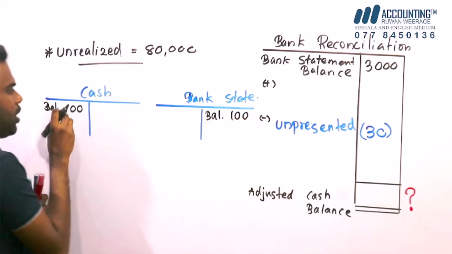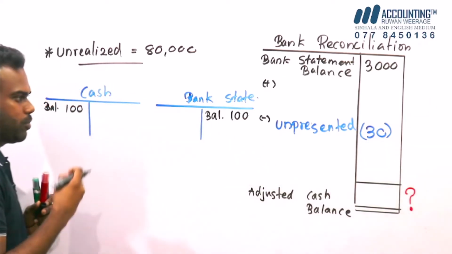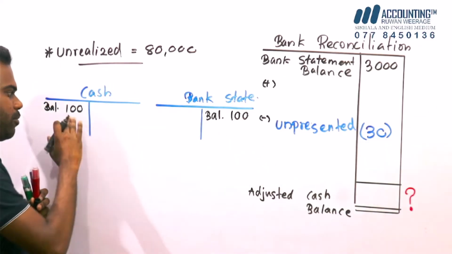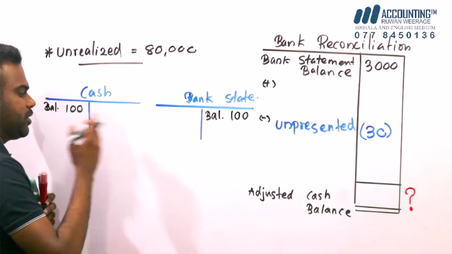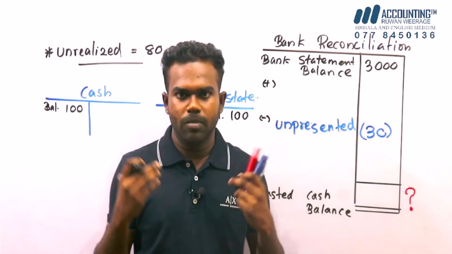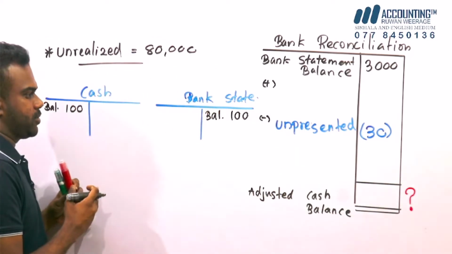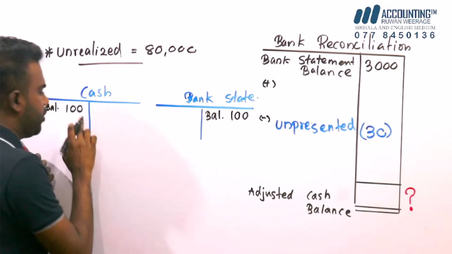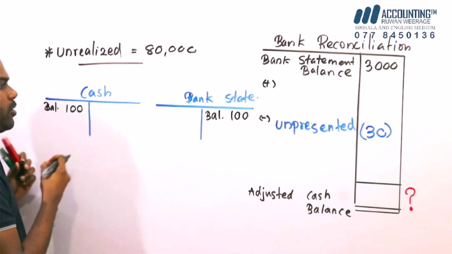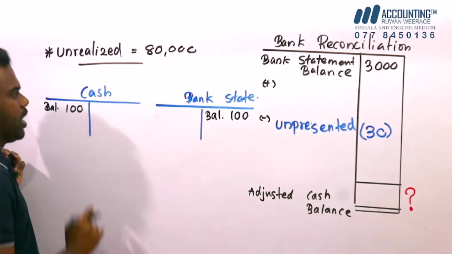I will put my cash account debit balance, and the bank statement should have the same credit balance. I will put the same balance to identify what happened to the balances. What is the difference between these two balances? Actually this is the prototype to identify the difference, right? Look at me. If you put the same amounts, you can get only the difference between these two balances, 80,000, right?